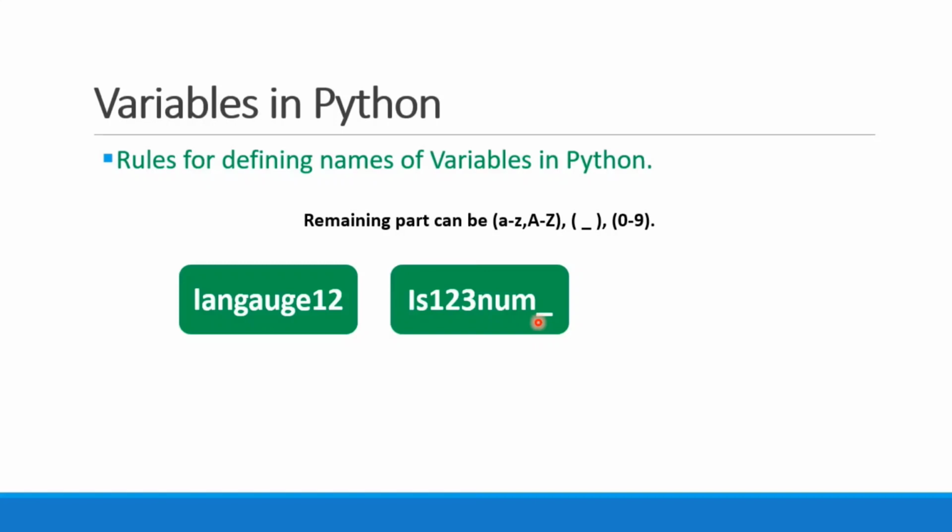But Python says that if you want to use some other special character in a variable name, then it is not allowed, because Python only allows the underscore as a special character in your variable name. Other special characters will not be accepted. For example, if you want to write a variable name like language@, then this @ is not allowed in a variable name in Python.